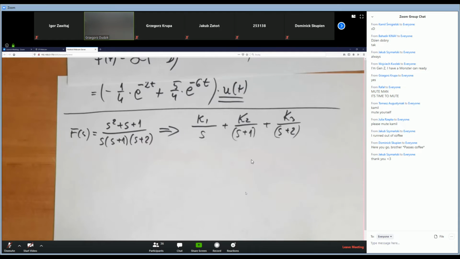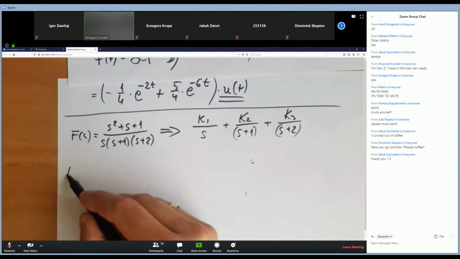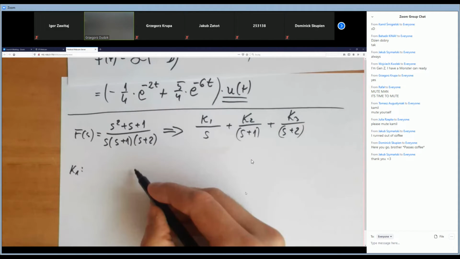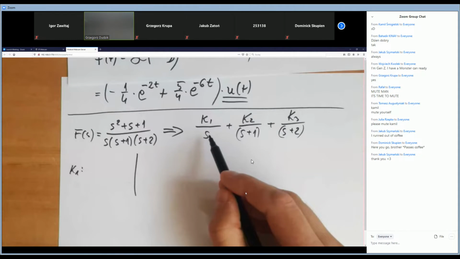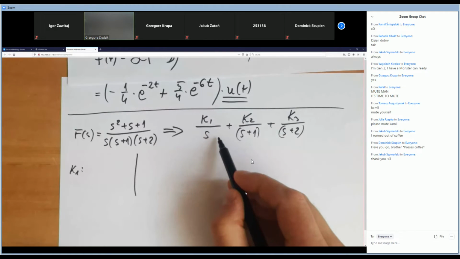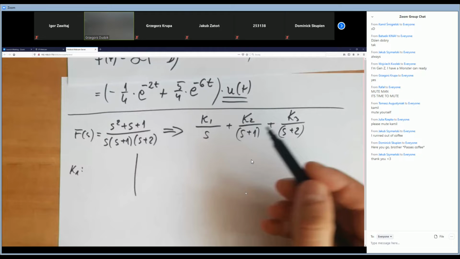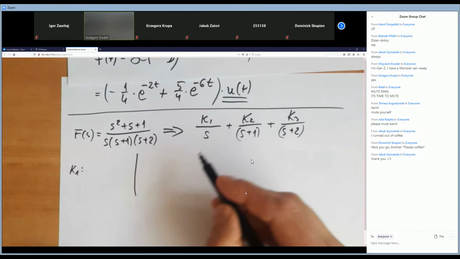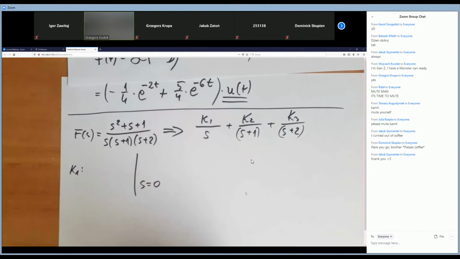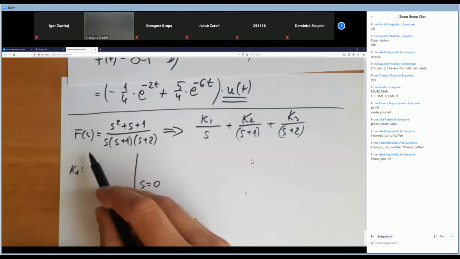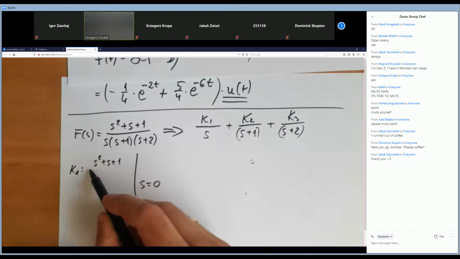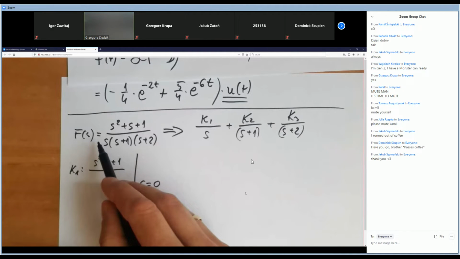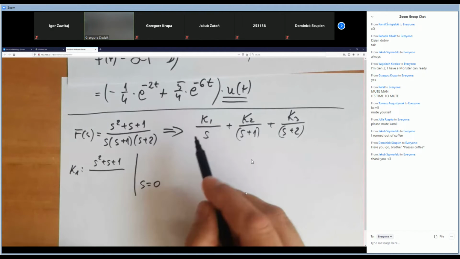Great. So let's calculate the K1 again. For K1, we've got the pole with the root equal how many? s plus 0 means the root is 0. Of course, when you substitute s equals 0, we get 0 here. So for s equals 0, we've got the Fs function like s squared plus s plus 1 over everything without this expression with the pure s.